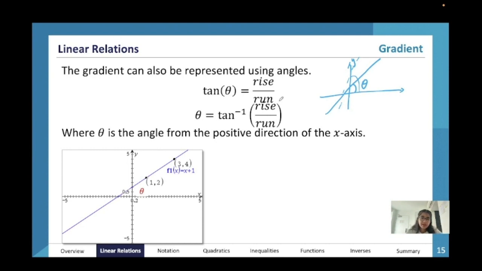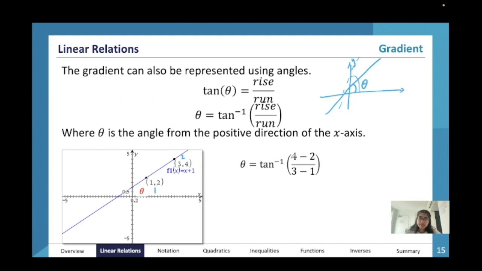So let's say we have a graph here. That blue line is the equation of our line, and that red theta, that's our angle. So we've got theta equals tan inverse of 4 minus 2. So we've got 2 points. This is x2, y2, and this is x1, y1.